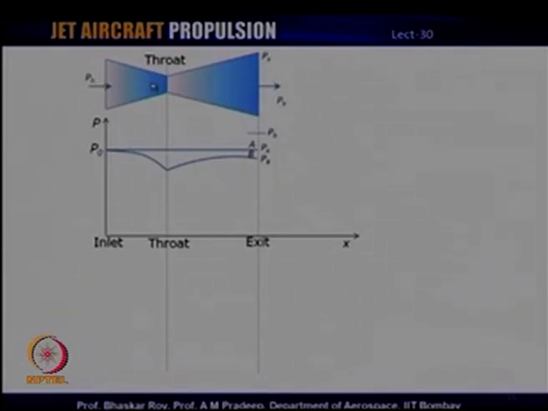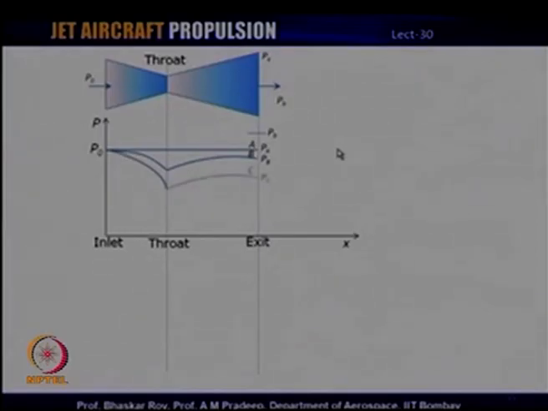In a convergent section, the flow will accelerate, which means there is a drop in static pressure from inlet to the throat. From the throat till the exit, it is a divergent section in a subsonic flow. So, there has to be diffusion or deceleration, leading to increase in static pressure. So, the static pressure increases, but it reaches a value which is lower than the stagnation pressure upstream.